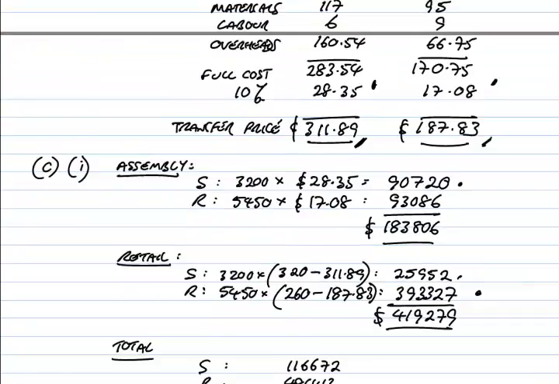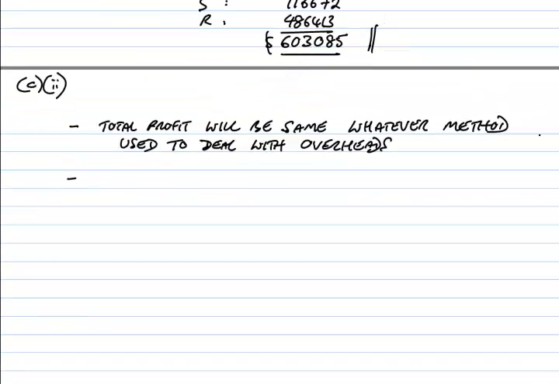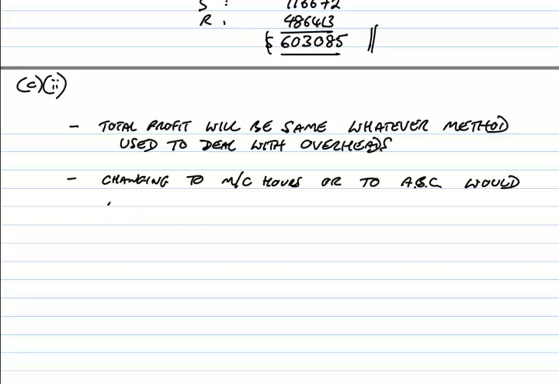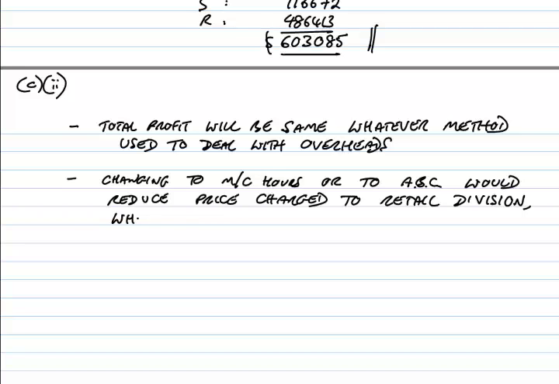So certainly changing to machine hours or to activity-based costing would reduce the price charged to the retail division, which could then reduce the selling price.